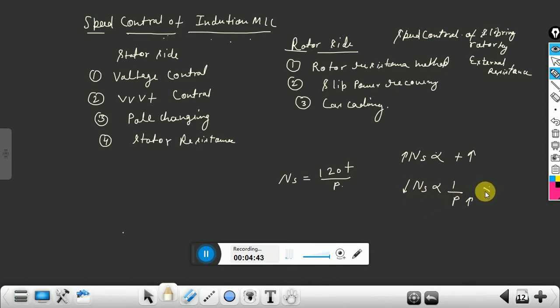Basically this method is not preferred because in this method we don't get a smooth speed control, but in the other methods we get a smooth speed control, so those methods are preferred.